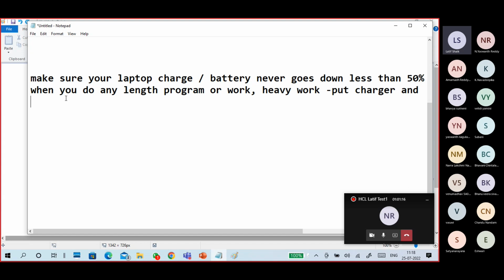The second point is, if you are doing any lengthy work, a program or heavy work, compulsorily put it on charge. If you are watching a video, compulsorily put charging, because the display is on. When you run YouTube videos, one video completes and the next plays.